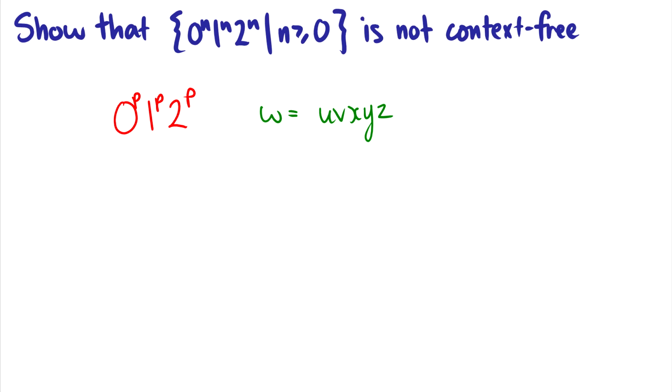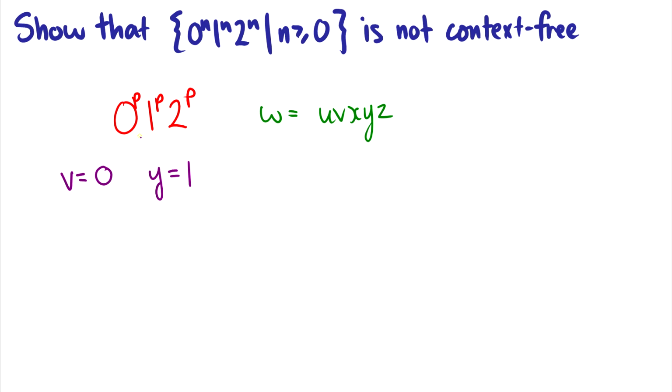The first possibility is that we have u as some zeros in the beginning. I don't really want to focus on u, I want to focus on v and y, so we can say that v is equal to some 0, and then y is equal to 1. And because each of these are length p, we can't stretch across this whole boundary.